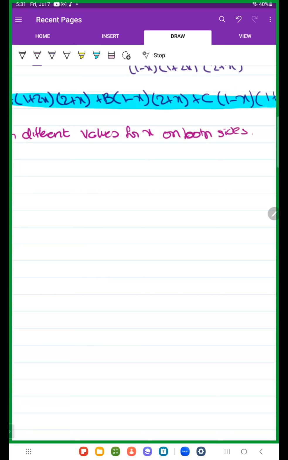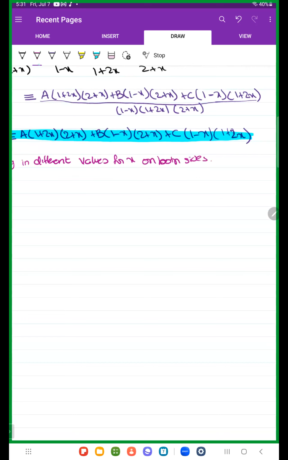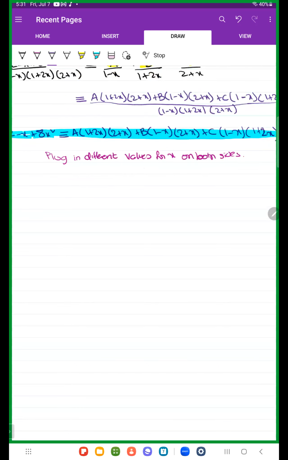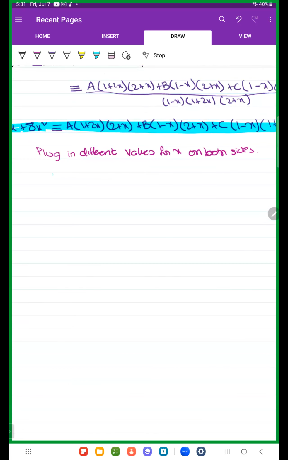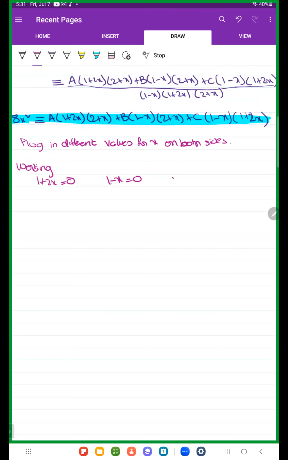If I take the three brackets, this is my working: 1 plus 2x is equal to 0, 1 minus x is equal to 0, and 2 plus x is equal to 0. The basic idea is to make one of the brackets 0 so that you can find the term.